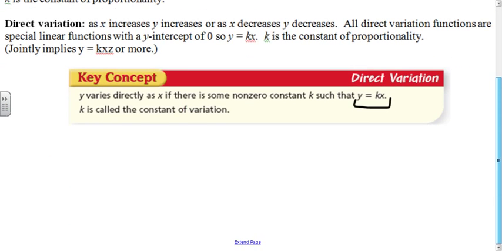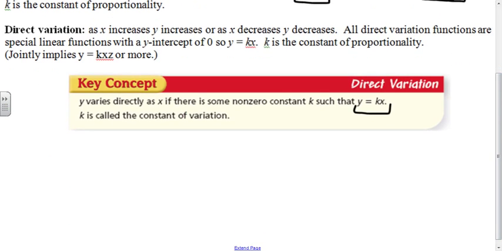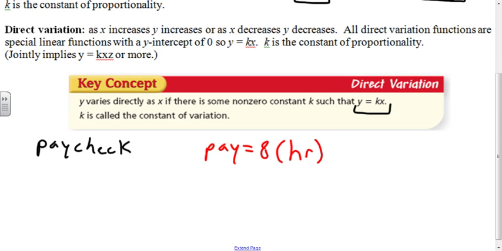Another way to look at this as a real life example would be your paycheck. If you work for an hourly wage, you would say that your pay equals, let's say you got $8 an hour, so 8 times however many hours you work. So if you want more pay, you have to work more hours.